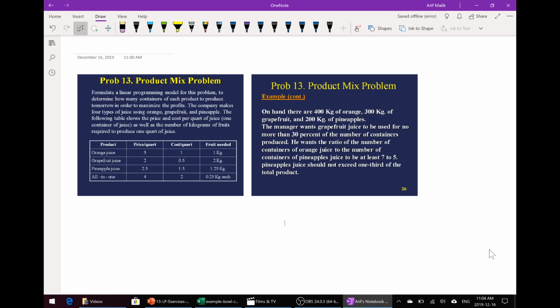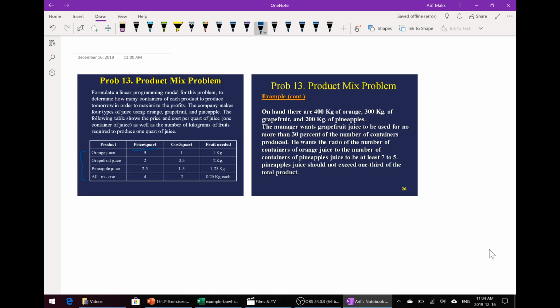So we have the price of these products. We have orange juice per quart and price is there, grapefruit, pineapple, etc. And the cost per quart is 1.5, etc. Well, orange juice is 1, grapefruit juice is 0.5, etc. And we have 4 types of products they are making: orange juice, grapefruit juice, pineapple juice, and all in one.